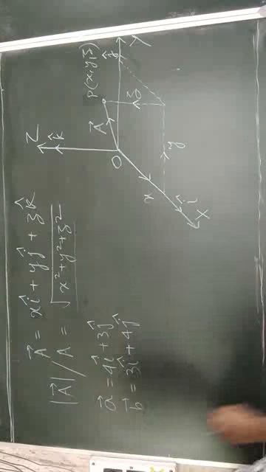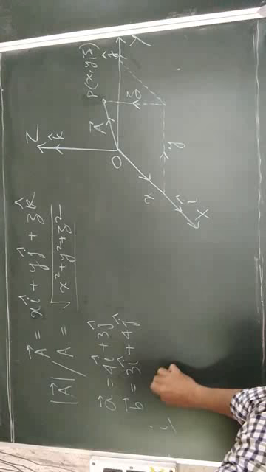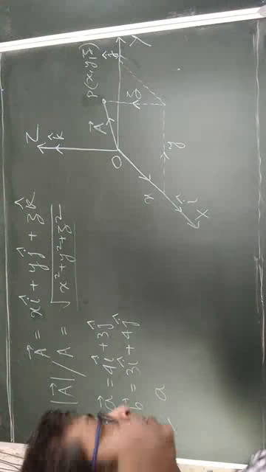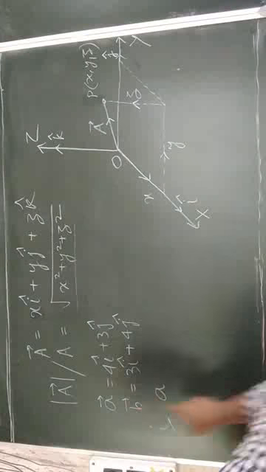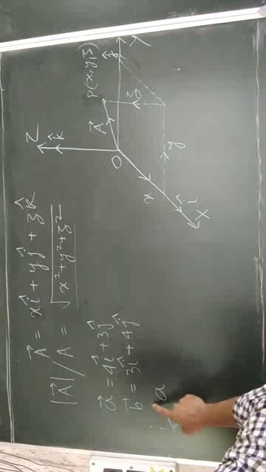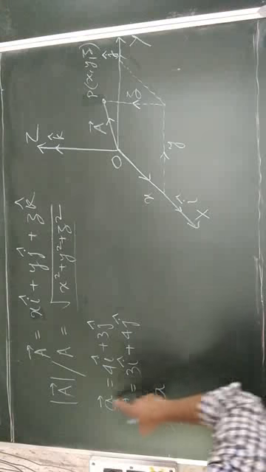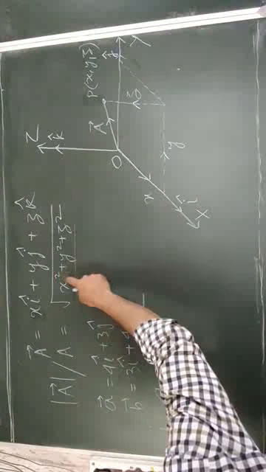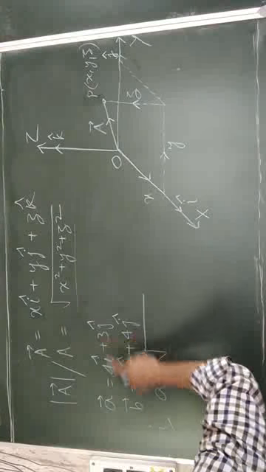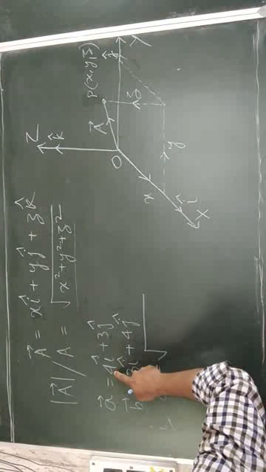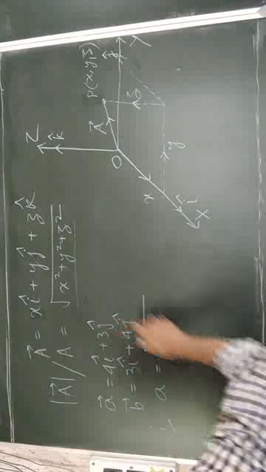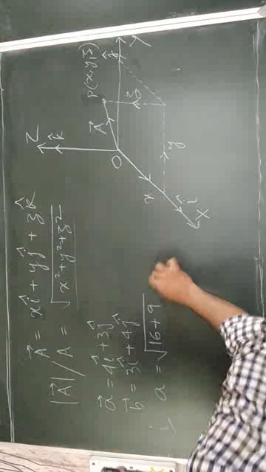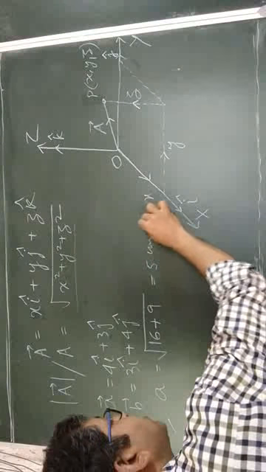Now we have to find out the magnitude of A. Since the magnitude is to be found, we are not using the arrow sign, only A, and that is equal to, by using this formula, here there are only x and y, no z. So x squared plus y squared, so 5 units.